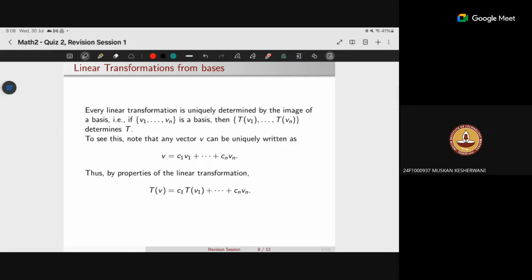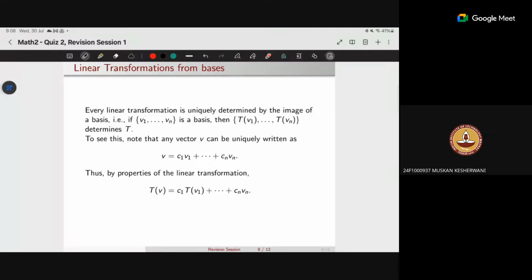It's actually equal to the dimension of the domain. So if I have any basis v1, v2, ..., vn, then if I say I know the images of the basis, then I essentially know the entire transformation. And this is due to the linearity properties of the transformation.